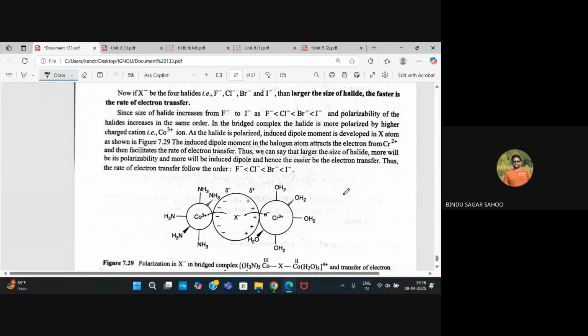Out of these four halides that can behave like a bridging ligand, in the case of iodine the electron transfer will be faster. So this is all about the outer sphere mechanism and inner sphere mechanism.